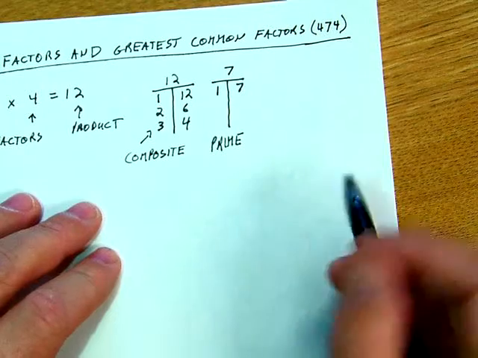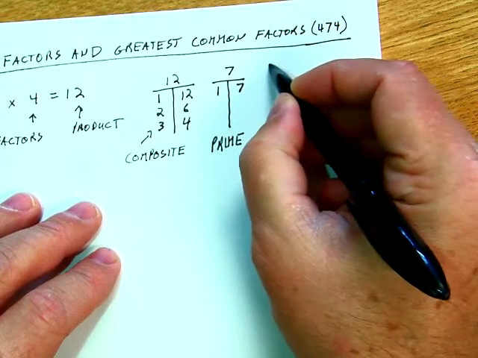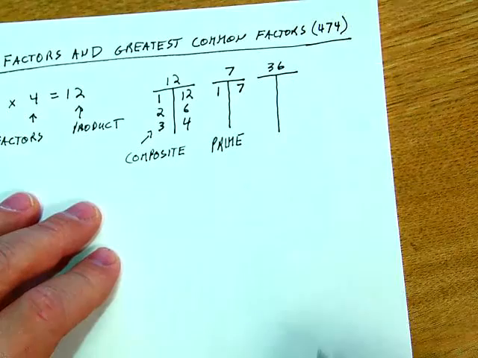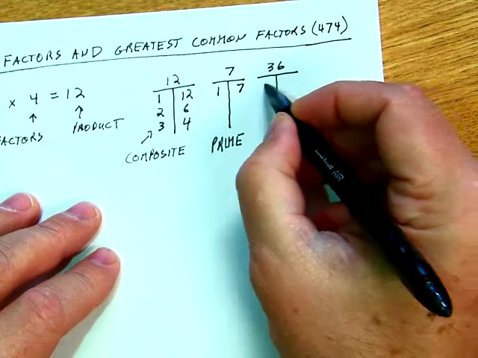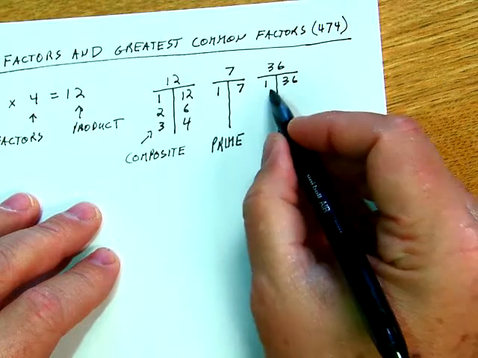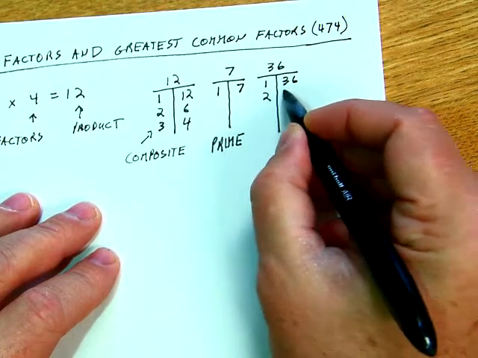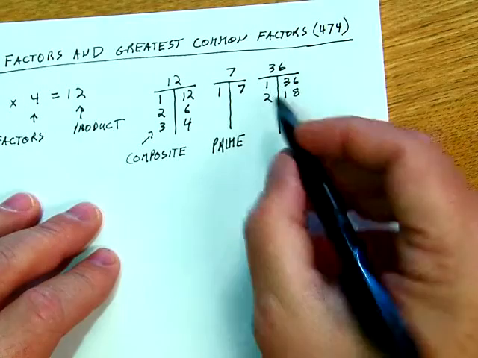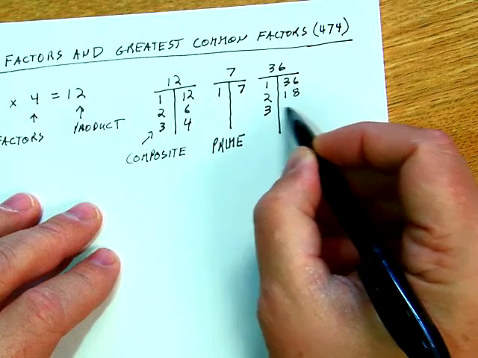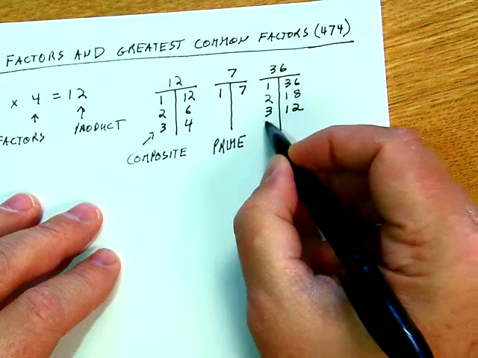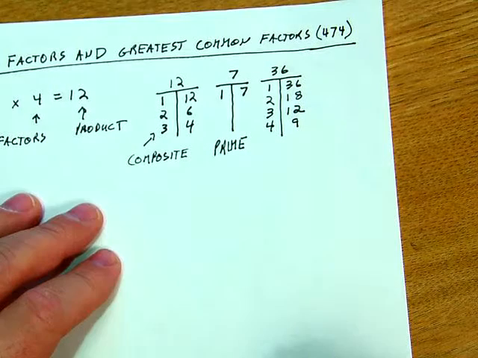Let's say 36. I'm doing my factor table. I'm going to start with 1 and 36. I go up by 1, so I say 2, and I know 2 goes into there. 2 and 18. 2 times 18 equals 36. Does 3 work? I think about it for a while, and I say, yes, it does. 3 and 12. How about 4? 4 and 9. How about 5? No. How about 6?